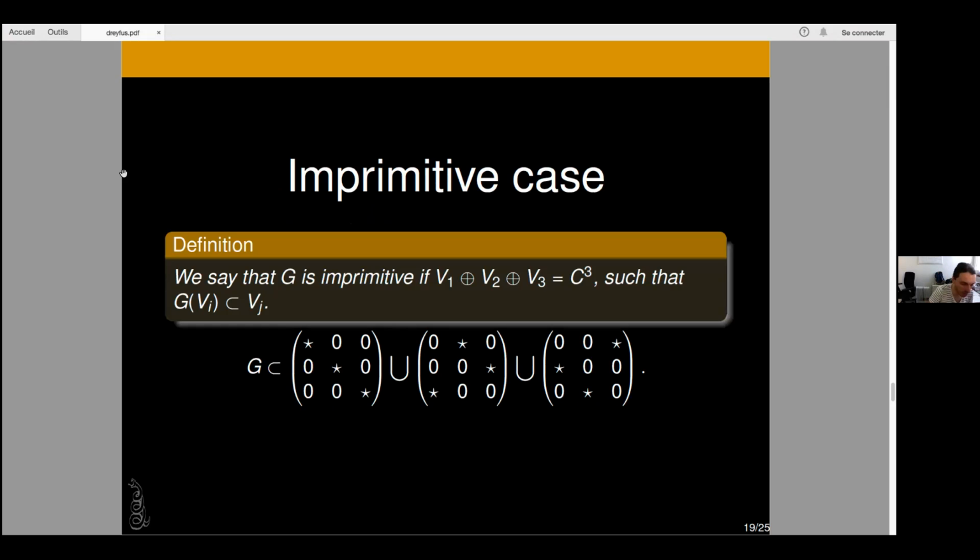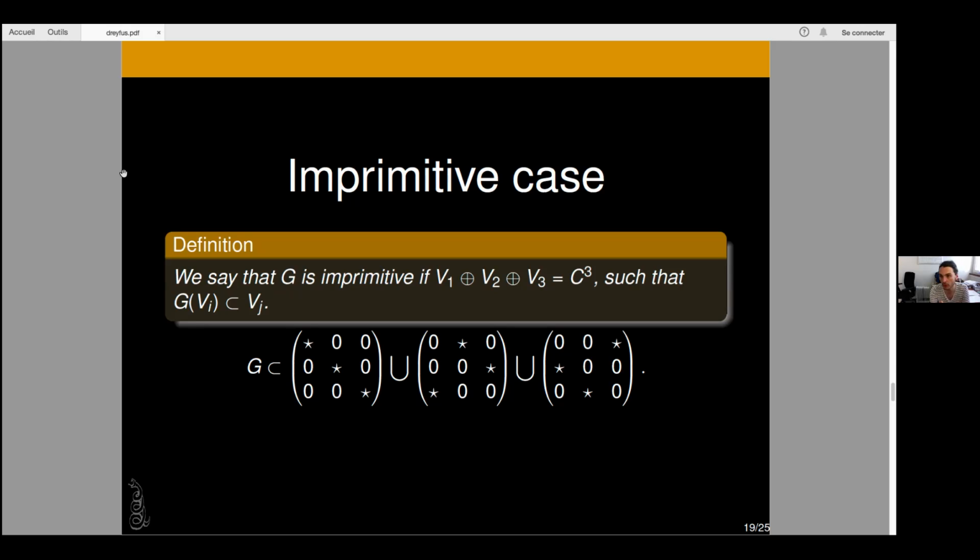So now let me assume that the group is irreducible, and let me consider the situation where the group is imprimitive. A group is imprimitive if and only if you have a proper decomposition of C3 such that G, the Galois group, is permuting your decomposition.